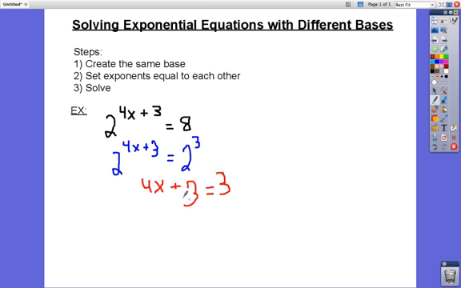Okay, so you subtract 3 from both sides, you're going to get 4x equals 0. Divide both sides by 4 and x equals 0. And that is your answer.